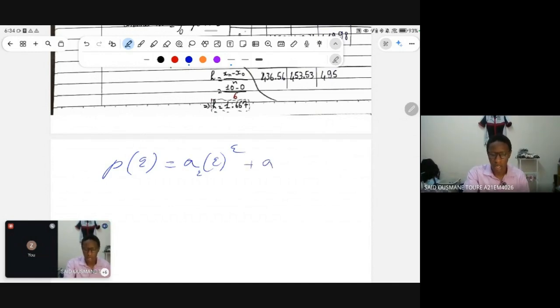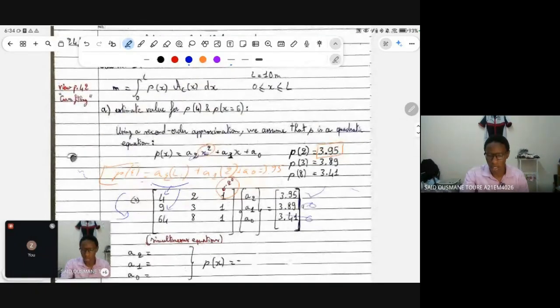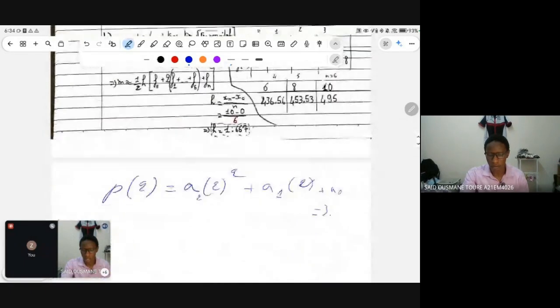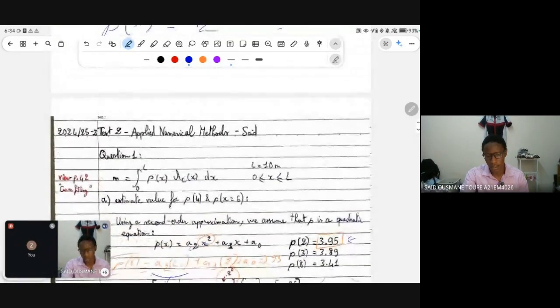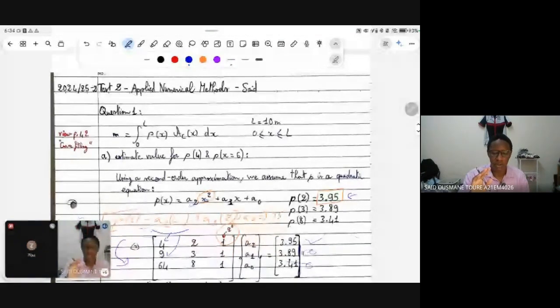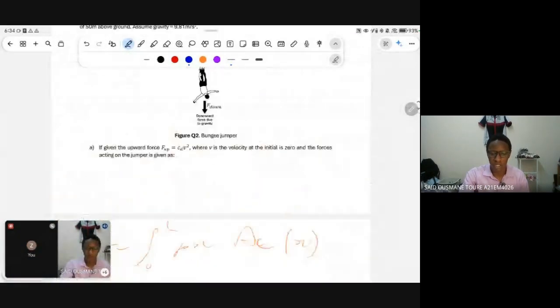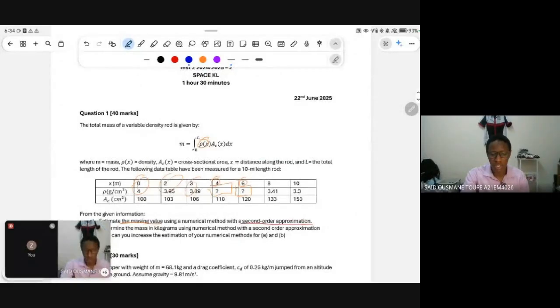Plus A1 times 2, plus A0 equals 3.95. Again, they ask for the values of 4 and 5, which are unique here. So we need to first determine the function rho.